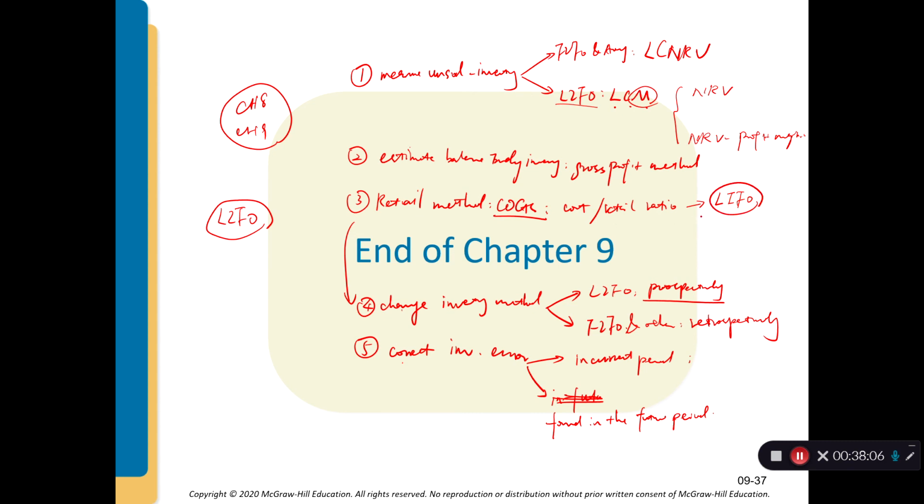We use a different ratio. And then when we say changing inventory method, LIFO is also different. LIFO can only be conducted prospectively. And when we are correcting inventory errors, the errors found in the future period are much more complicated to deal with. And this is not a very difficult chapter, but I believe every one of these knowledge points is new to us.